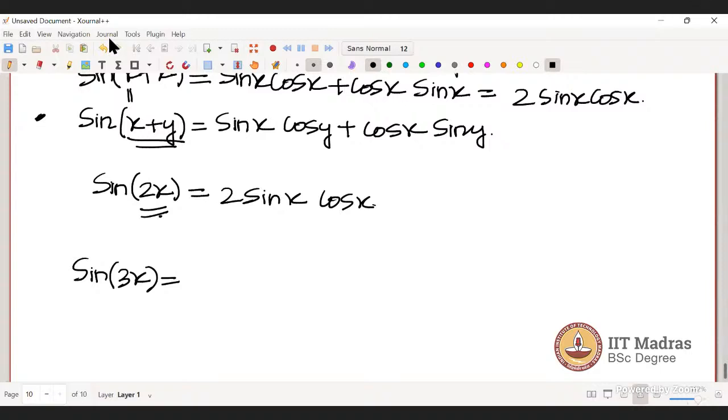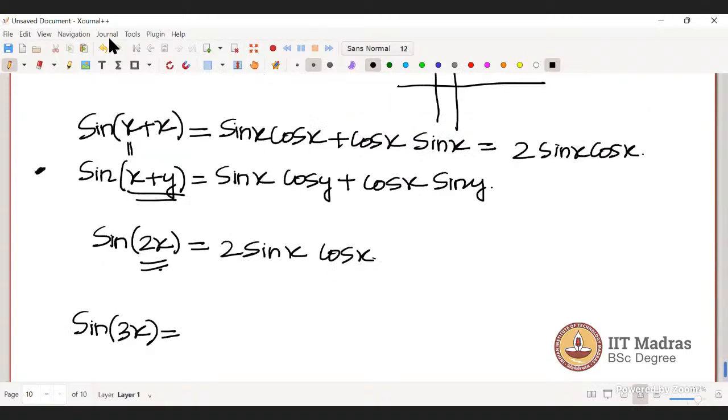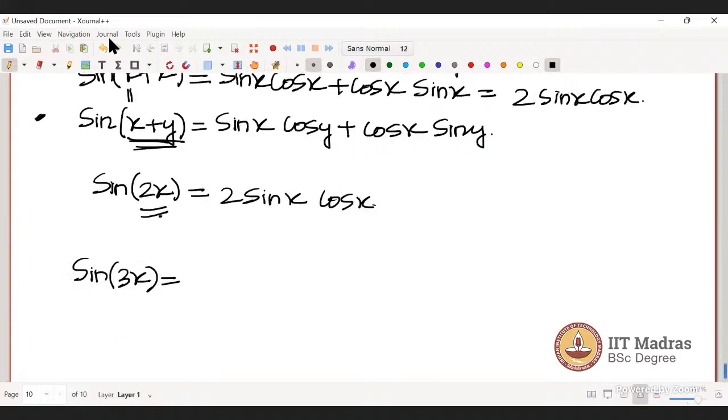No. Now you want 3x, right? So one you have to take x and the other you have to take 2x. Oh, so y is equal to 2x. Yes, then only you will get 3x. Sorry, you want 3x, not 4x.